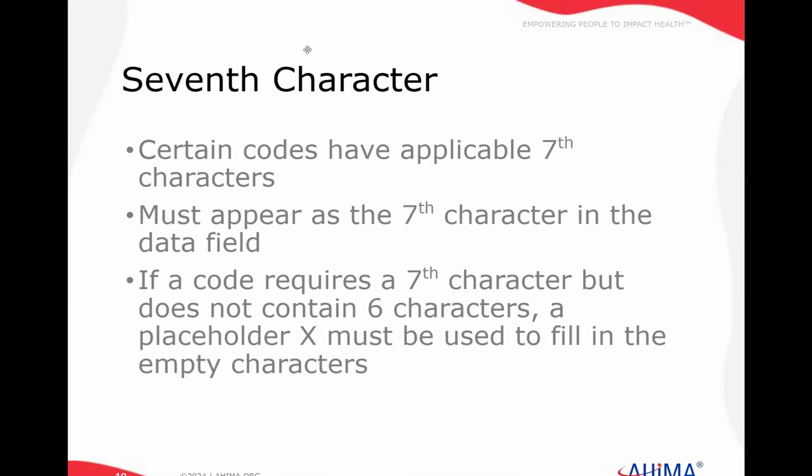Certain codes have the seventh character, and these are marked in the tabular. And the seventh character absolutely must go in the seventh place. If a code requires a seventh character as per the tabular, but does not contain 6 characters, we use the placeholder X to make sure the seventh character goes in the seventh position.